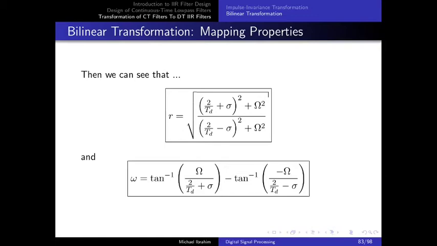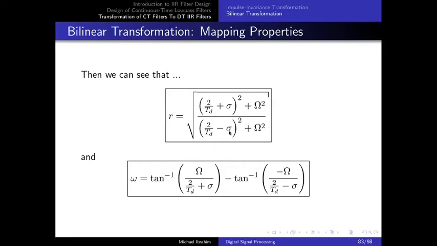The one thing to note over here is that if sigma is less than 0, if sigma is negative, which corresponds to the left half plane of the s domain, you can see that the numerator will be less than the denominator, which means r is less than 1. In other words, the left half plane of the s domain is mapped inside the unit circle.